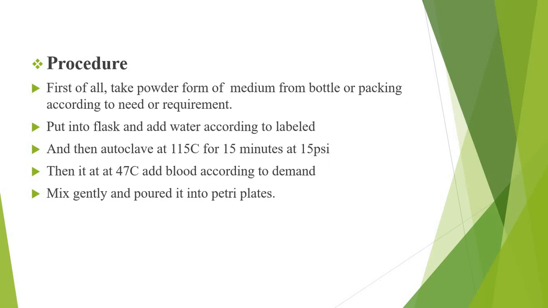Then it is cooled to 47 Celsius, and put the blood according to requirement. For example, if we want to make 5%, then we will put the blood into the flask which is 25 ml and mix gently.